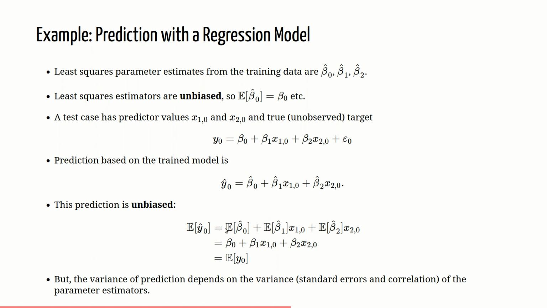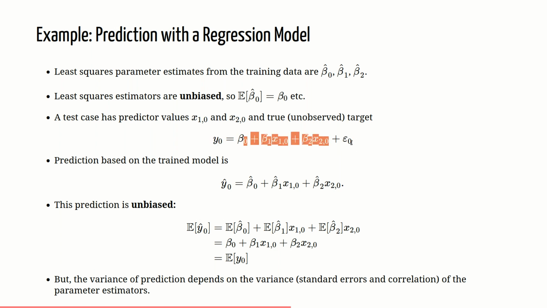So you can split that expectation up. And then we know that because these things are unbiased, it just drops down to the true population value, the true coefficients from the population. So the expectation of our predicted y is just equal to this expression here, which is the true unobserved target, except for the error. And of course, the expectation of y0 is just equal to the truth plus the expectation of the error.